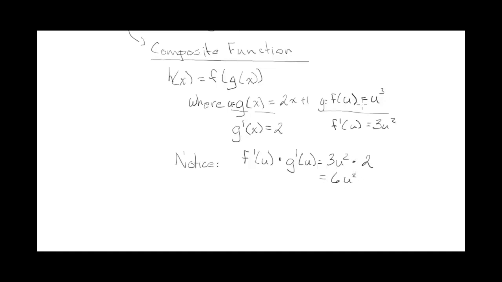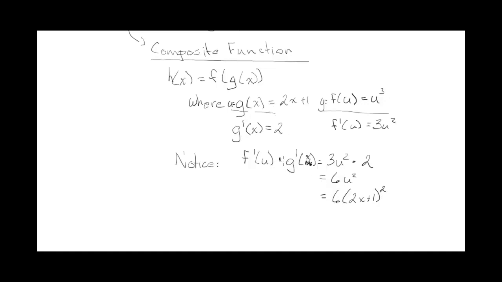But remember, u is equal to g of x, which is 2x plus 1. So just substituting, getting everything into x, you would have 6 times (2x plus 1) squared. So this is the derivative, right?